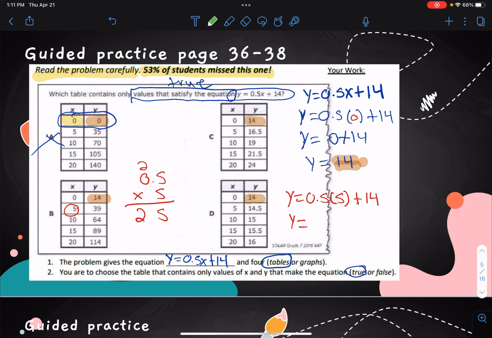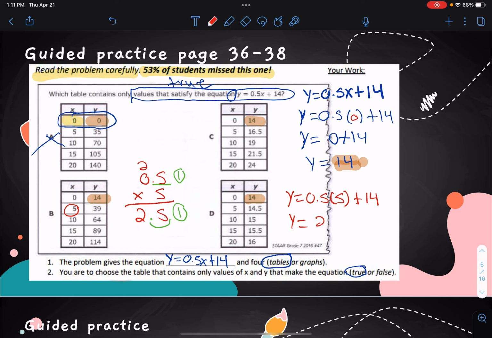Now let's look. How many decimal spaces did we have here? One. We didn't have any decimal spaces here. So in our answer we are going to have one decimal space, meaning we move the decimal one time. So that's 2.5.